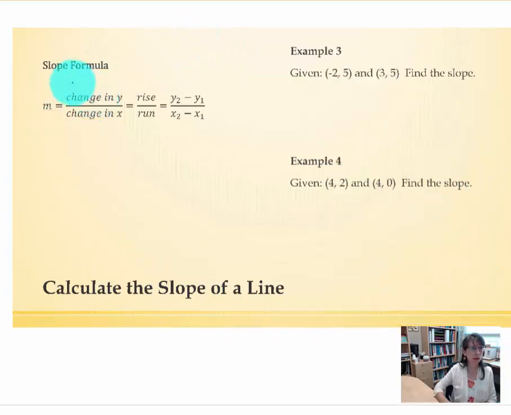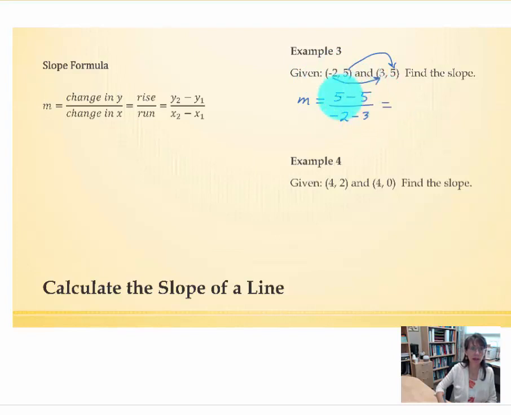In our next examples, we're just reminded about what the slope formula is. So I'm taking my y values. Slope is the change in these y values, 5 minus 5, divided by the change in our x values, negative 2 minus 3.